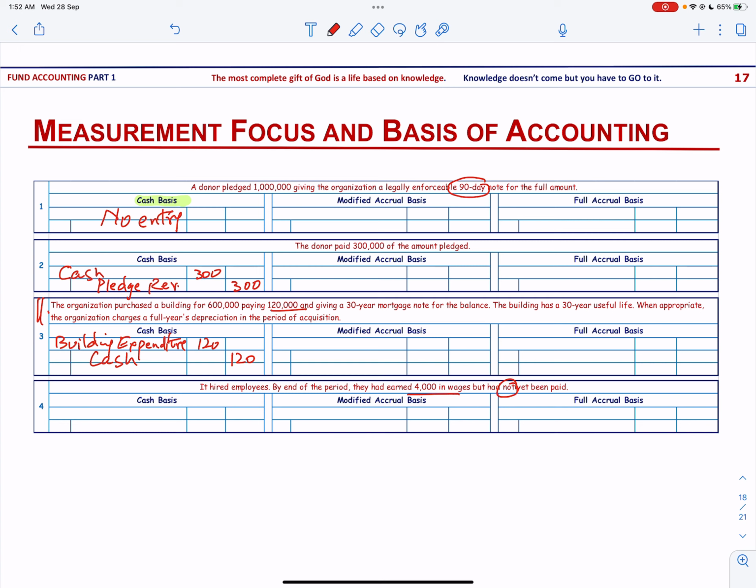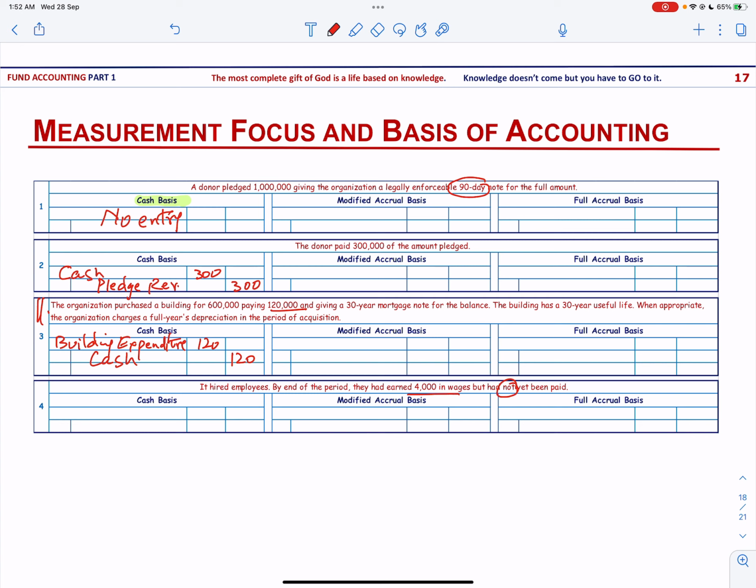Now we are going to prepare the same transactions using the modified accrual basis. Remember that under modified accrual basis, we record transactions using the current financial resources, and current financial resources are current assets and current liabilities. So when the donor pledges 1 million, a promise to pledge is a legal obligation to pay.